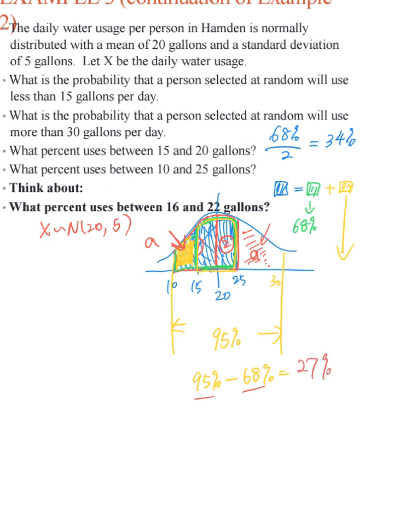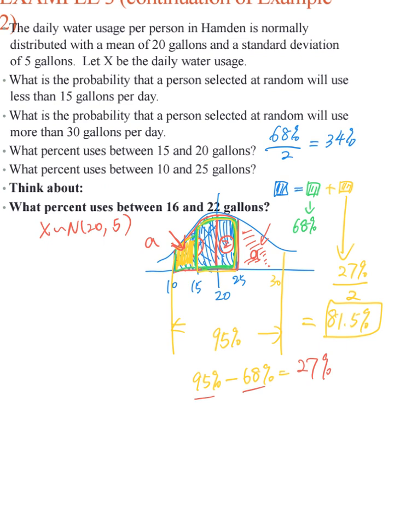So the yellow color area is equal to 27% divided by 2, half of the 27%. So my final answer will be 27% divided by 2 plus 68%, which is equal to 81.5%. So this is the final answer.